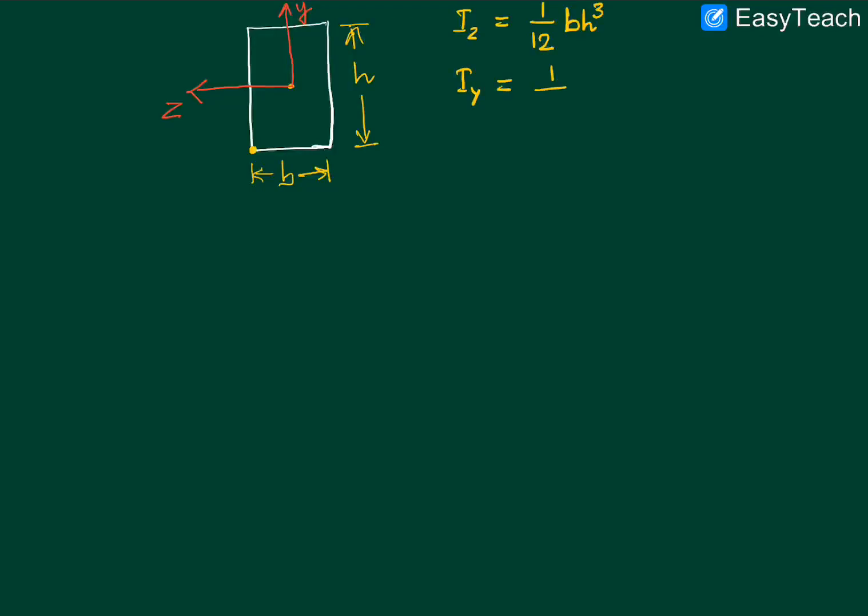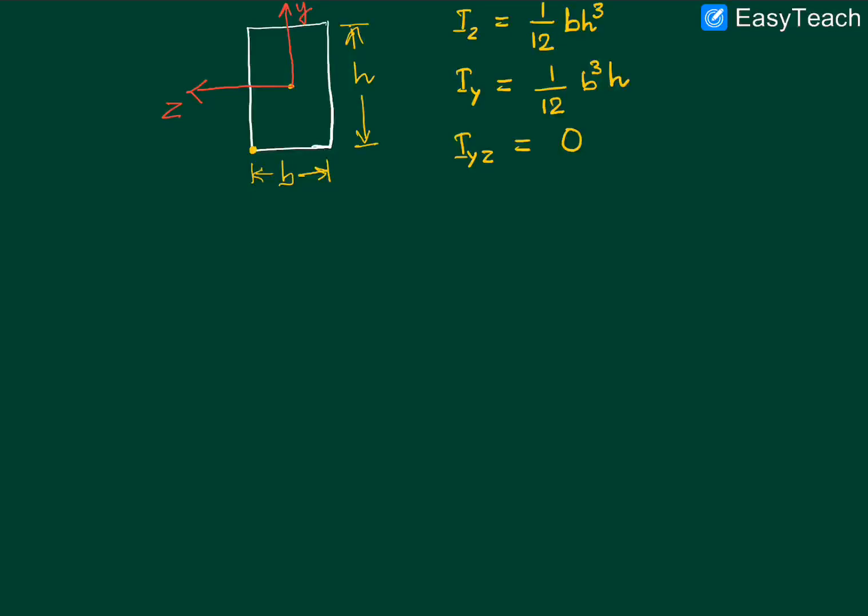Iy would be 1 by 12 B cube H, and Iyz will be equal to 0. So this was a fairly easy example. We all know about this. But to go ahead, we would need a recipe to use these simple ideas in more complicated situations.